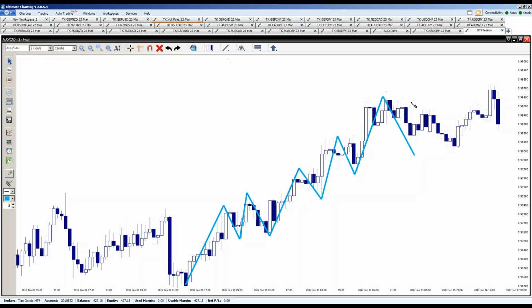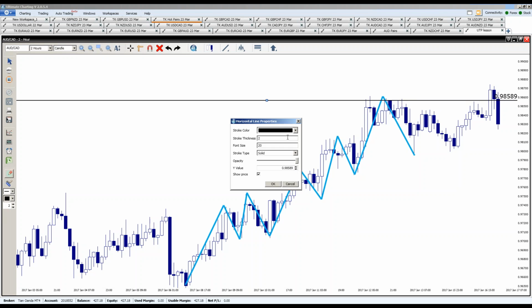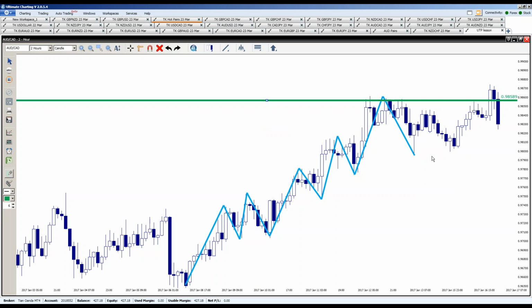Now all of a sudden that level of resistance will become future support. There we go. Right, so now we have a higher high.